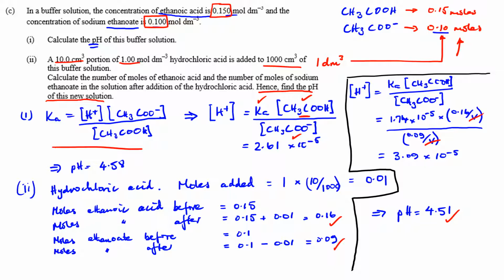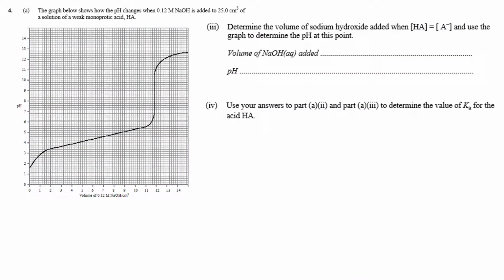Hopefully that's helped. I think what we'll do now is have a look at half equivalence. So this is question 4, A, part 3 and 4. They're the two parts, I think 6 marks, that were down to half equivalence or half neutralization. So let's just get our heads around what the question's asking us for.